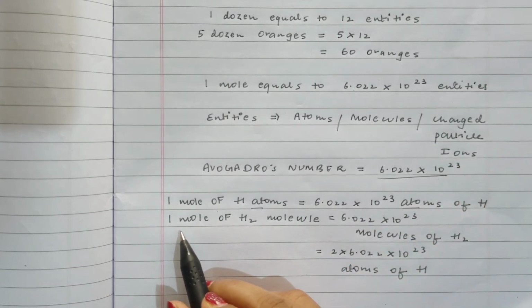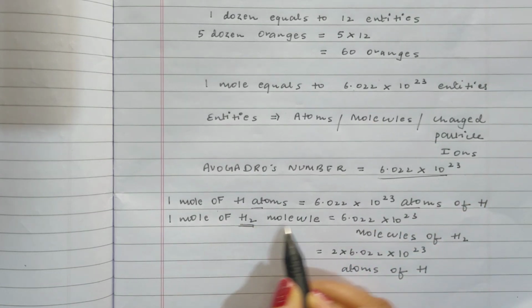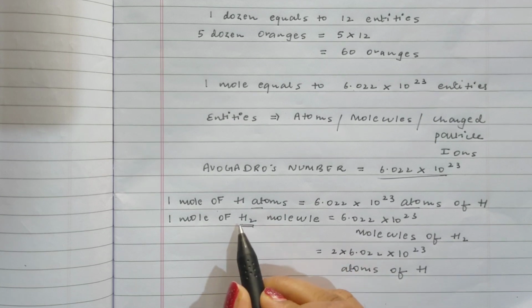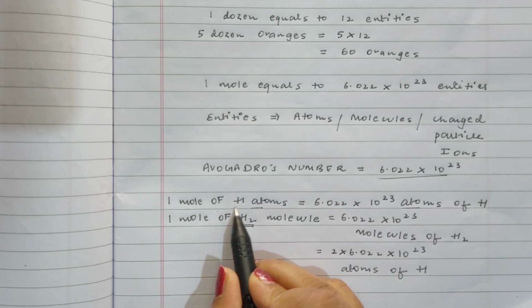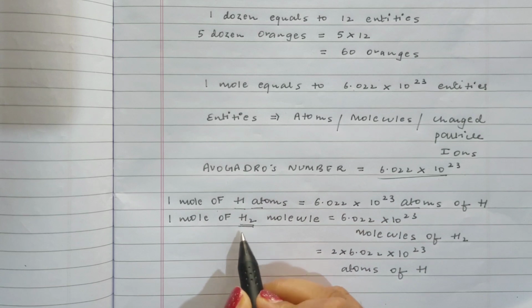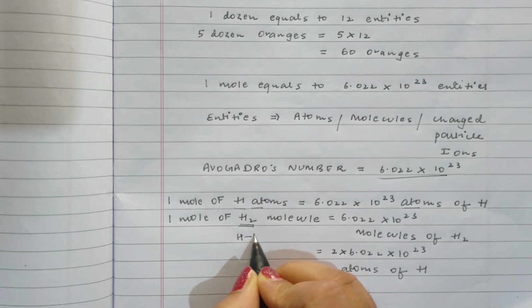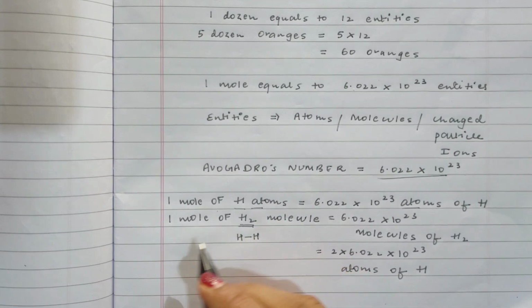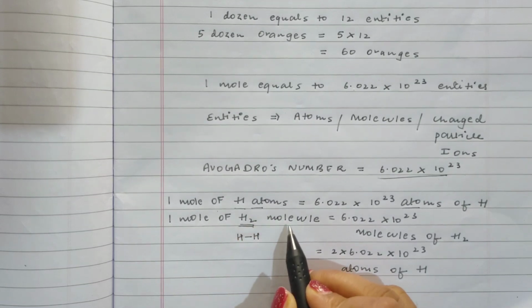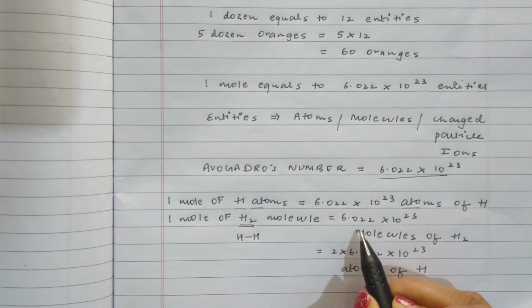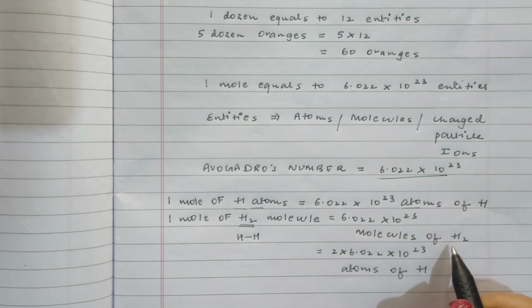Similarly, if I say 1 mole of dihydrogen molecule, see the change I have made? Here I'm dealing with H2, which is a molecule, a diatomic structure. So 1 mole of dihydrogen molecule will contain 6.022 into 10 to the power 23 molecules of dihydrogen.